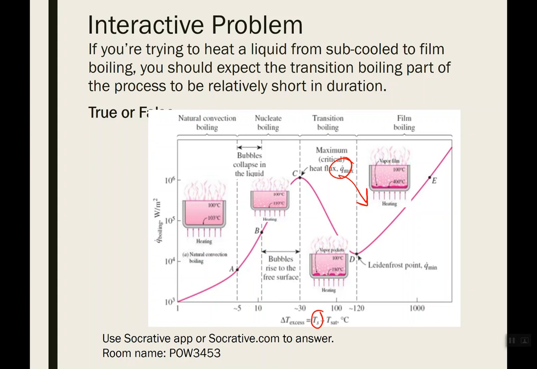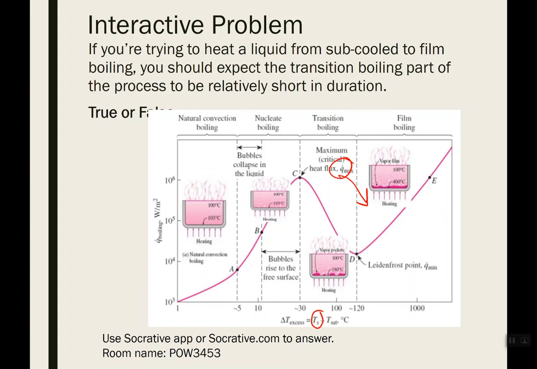So we keep on trying to increase our surface temperature, which means we're cranking up the power that we're delivering to our heating element. But at some point, the amount of energy that's actually getting into our fluid starts going down because of that film effect, that thermal resistance caused by the film. So if we continue to add heat to our heating element, but that heat isn't actually getting into our fluid, where is that heat going?